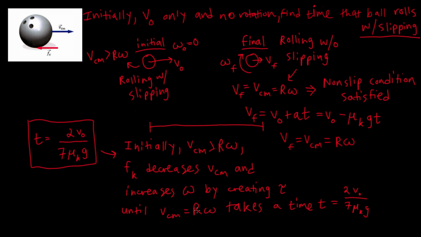And so this can also represent just the amount of time it took for the ball to go from rolling with slipping, and then the force of kinetic friction acts on it, and then it eventually reaches a final state of rolling without slipping. So that entire process just takes this amount of time, and that's the variable that we solved for.